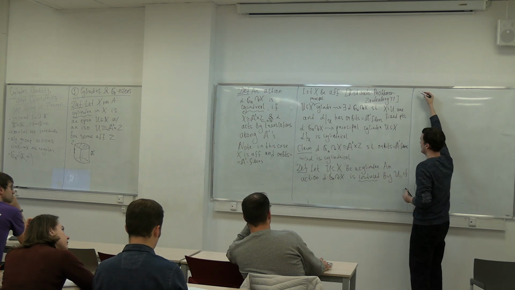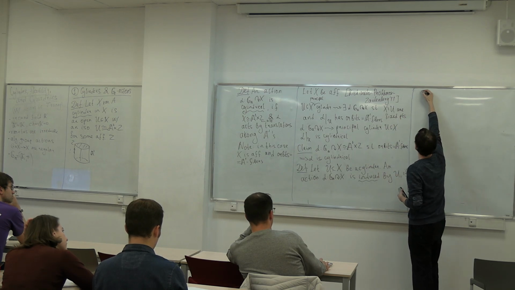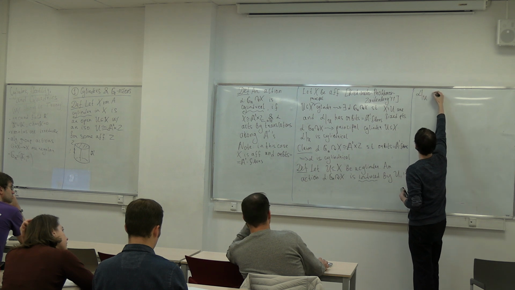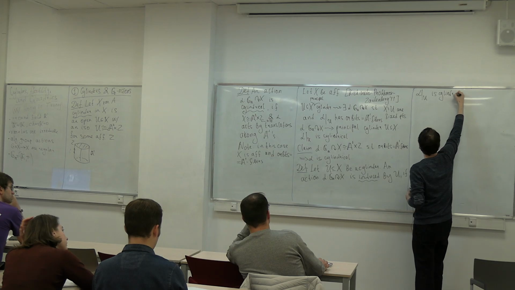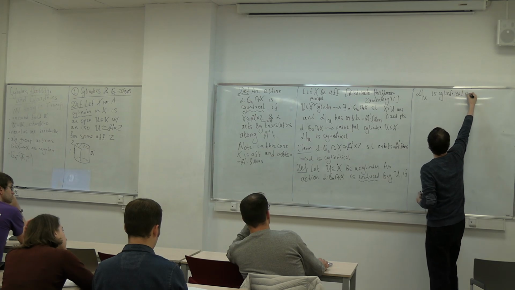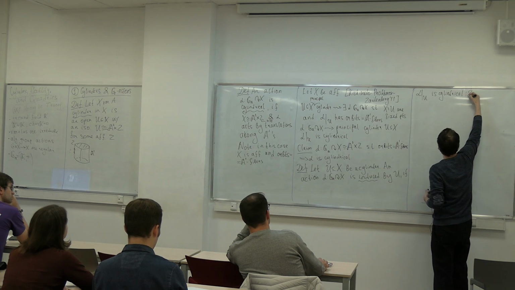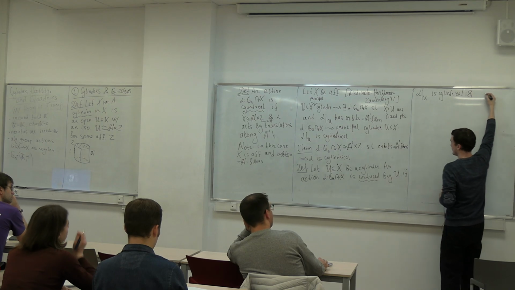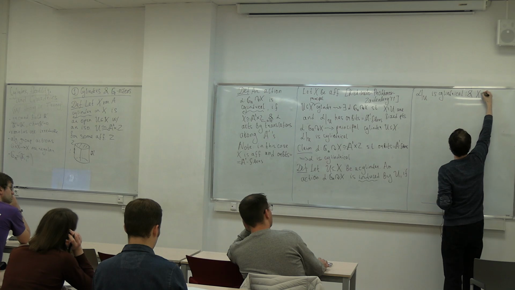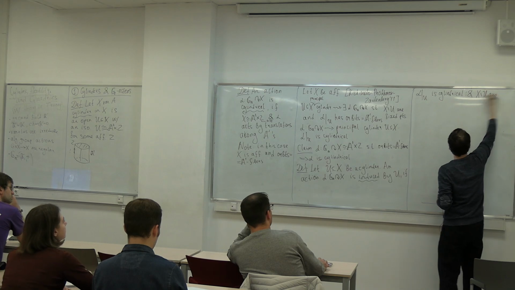So if alpha restricted to U is cylindrical and the complement are all fixed points, X without U are fixed points.